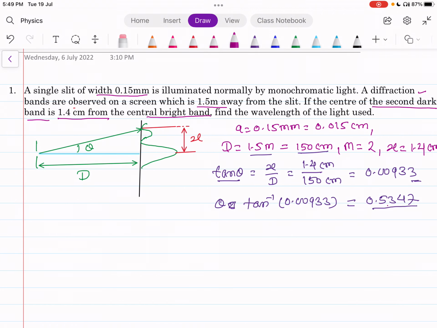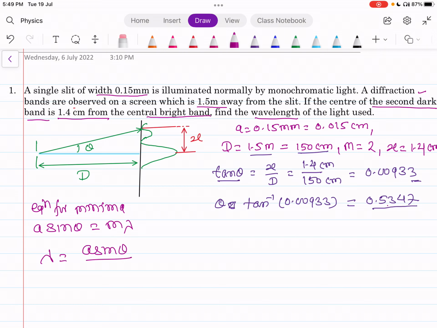Then the equation for minima is a sine theta is equal to m lambda, where m is the order. And what we have to find is the wavelength. So lambda is equal to a sine theta upon m. a is given, 0.015 centimeter, into sine theta.